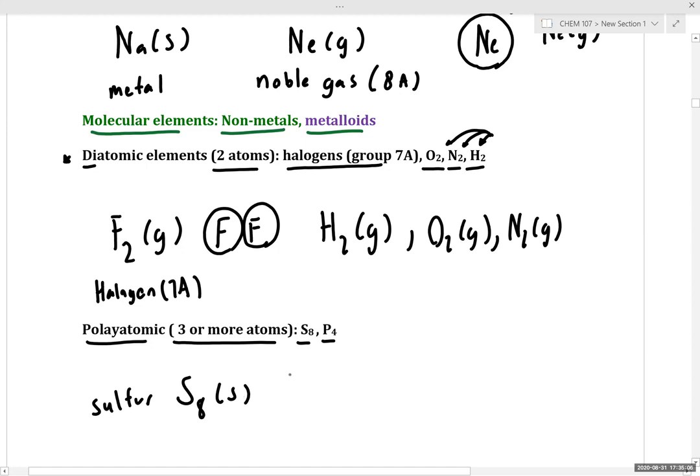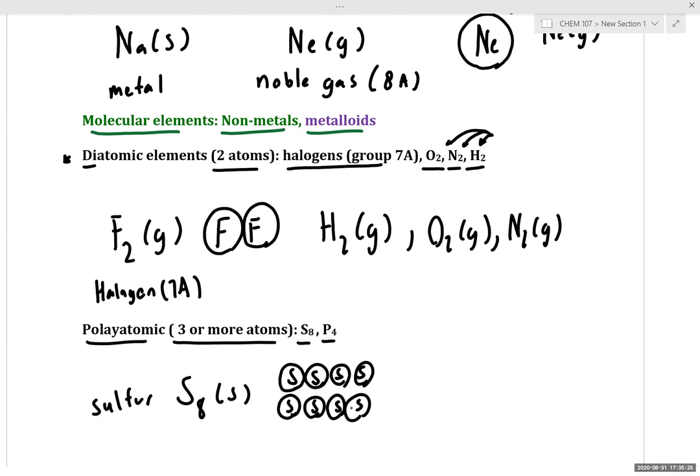So sulfur exists in its molecular form in nature, where a molecule of S8 has a total of 8 sulfur atoms bonded together. We won't worry about the exact connectivity of atoms. For now, I'm just showing that in S8, the subscript tells us we have 8 sulfur atoms.